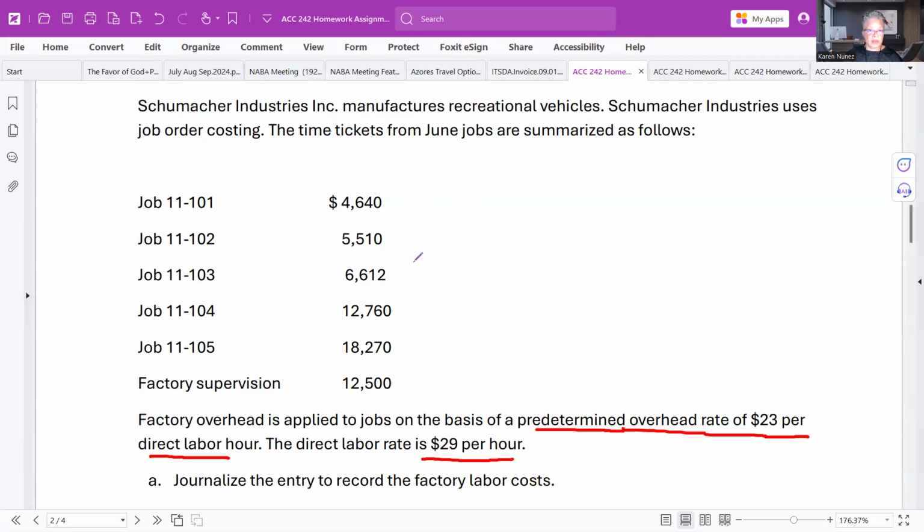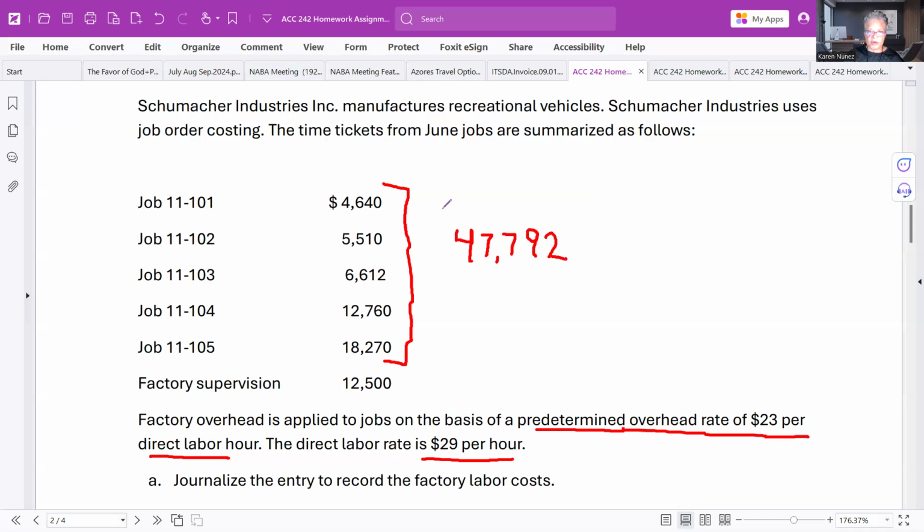And the cost of all this labor, right? So we have all these jobs. We have 5 jobs, right? So if we look at these 5 jobs, the cost of all this labor is 47,792. That's what all the labor cost.